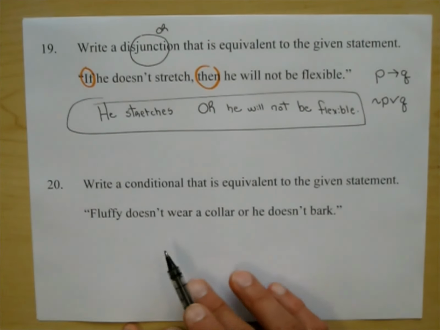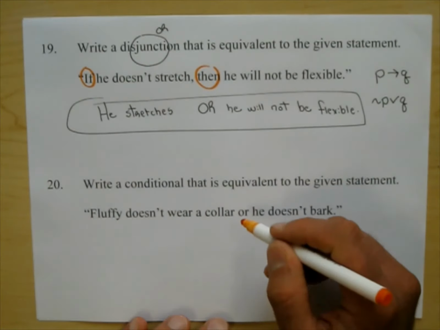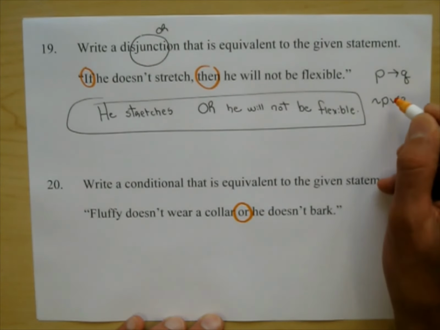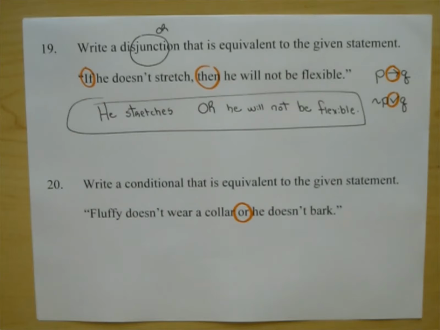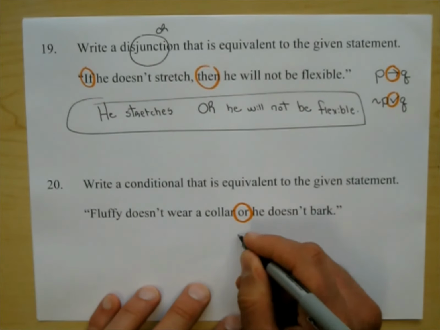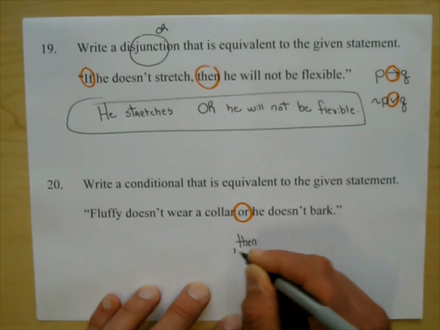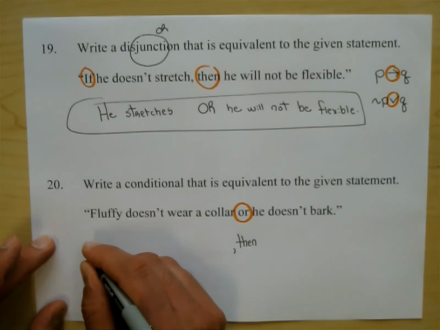So let's see if we can do this. Here is the or, and you want to get rid of it. So look, here's the or. You want to replace it with a then. Okay, so I'm going to put the then right there. There's a comma, and then we want to put if.